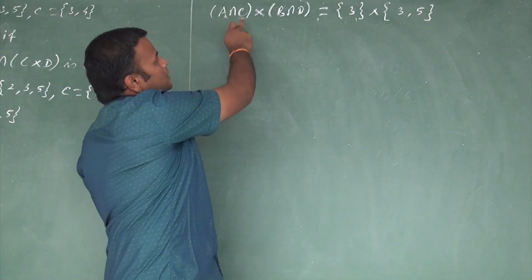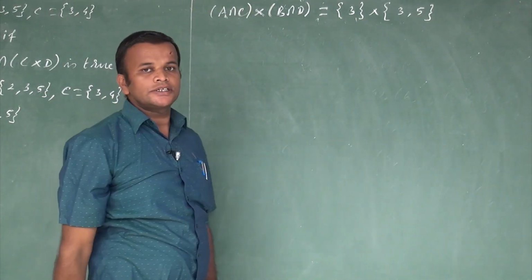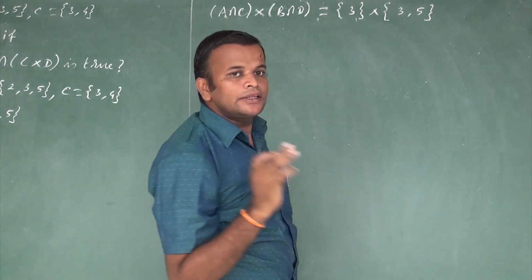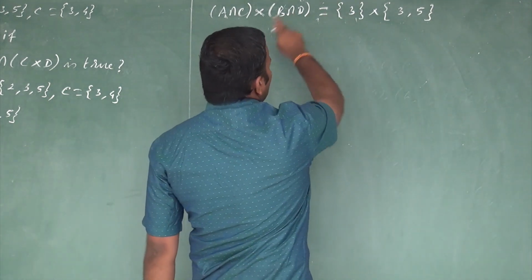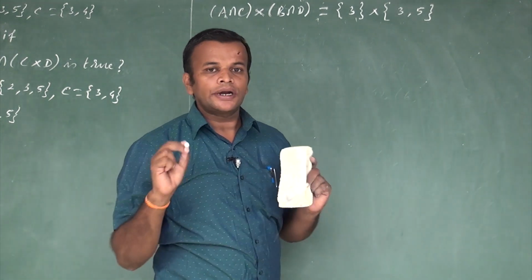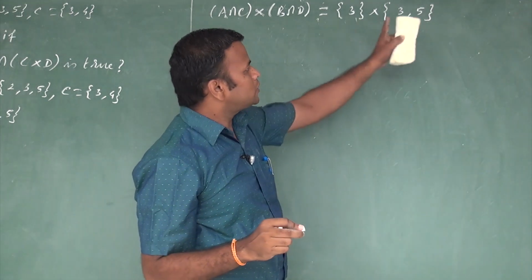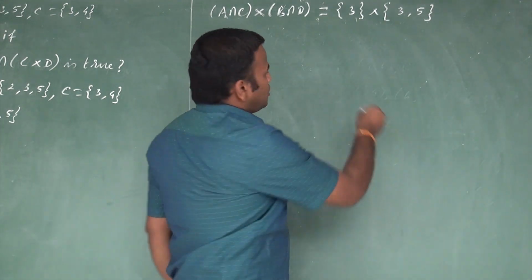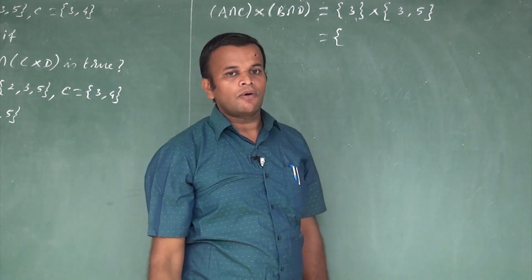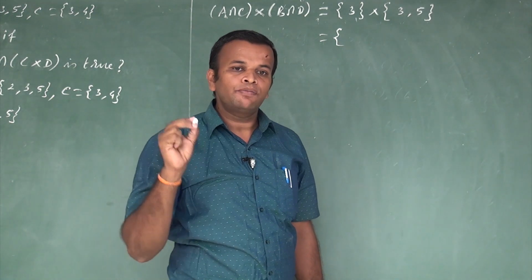Now we find A intersection C cross B intersection D. The value of A intersection C is the single element 3, cross the value of B intersection D, which is {3, 5}. Now we write the Cartesian product of these two sets. How to write the Cartesian product of any two sets, you know very well. So what is the first possible ordered pair?